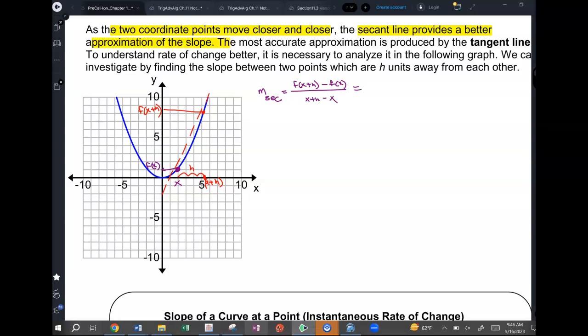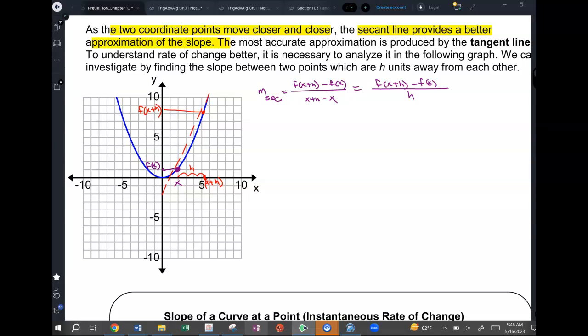So when I simplify that, this is f of x plus h minus f of x over h. Does that look familiar to you? Yeah, I knew this was coming. We've kind of done this in some of the other chapters where I've just given you a random function and I said, find f of x plus h minus f of x. And you didn't really know why we were doing that, but this is the reason why we were doing that.